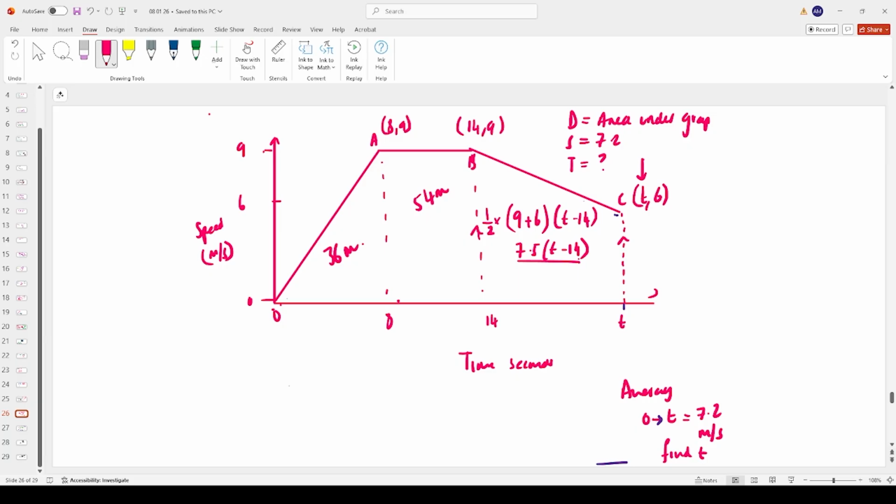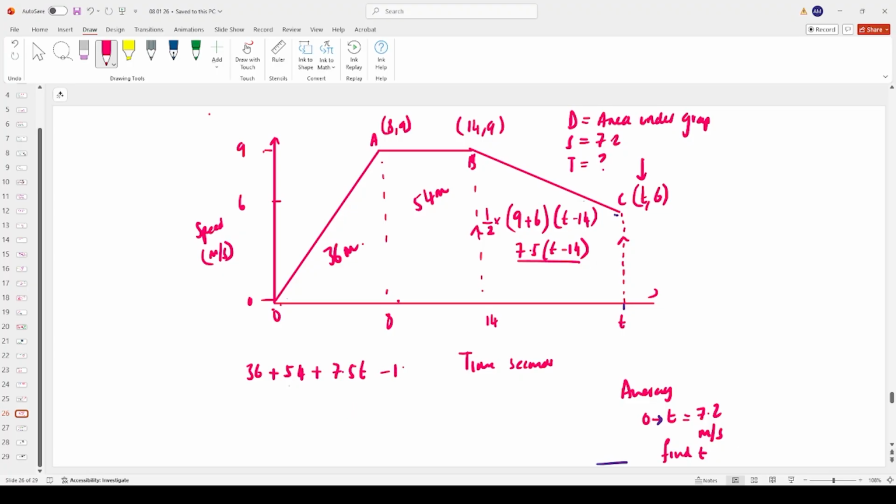So let's make a formula now for the whole distance. So we had, yeah, that's what I'm thinking of doing, Josh. So 36 plus 54 plus this thing here, 7.5 t. What's 14 times 7.5? Let me get a calculator out. 105.